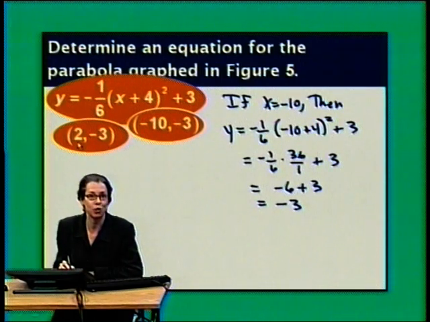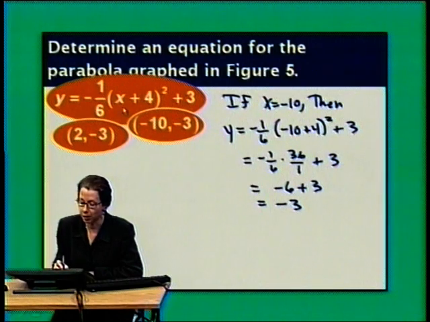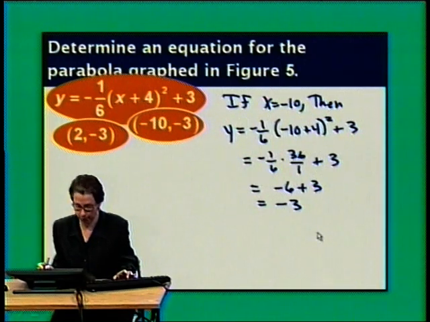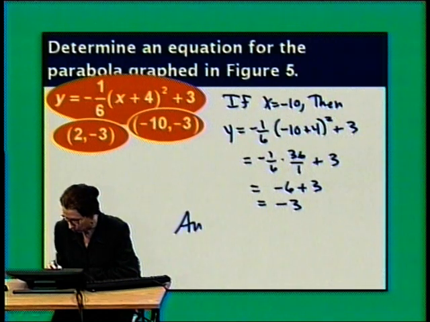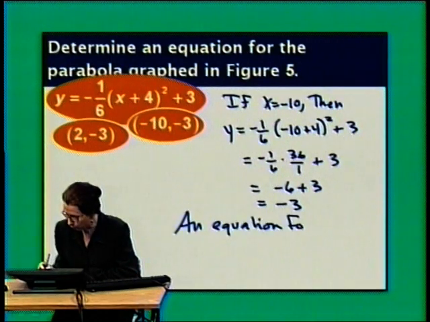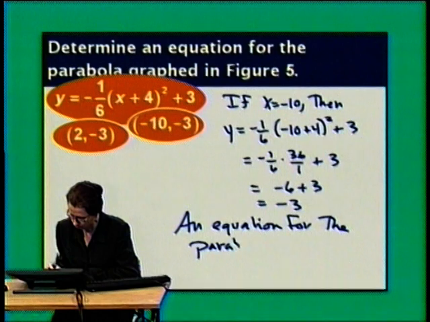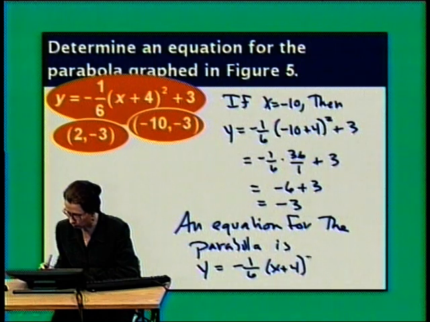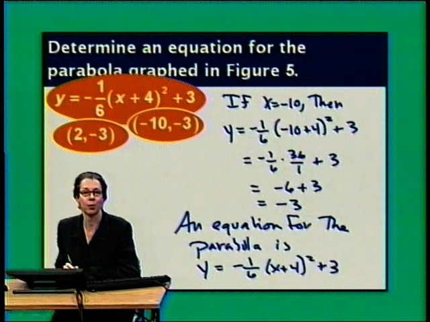If I drop in 2 for x, I'm going to have 2 plus 4 squared is 36. I'm going to get -3 there as well. So an equation for the parabola is y equals -1/6 times (x plus 4) quantity squared plus 3.